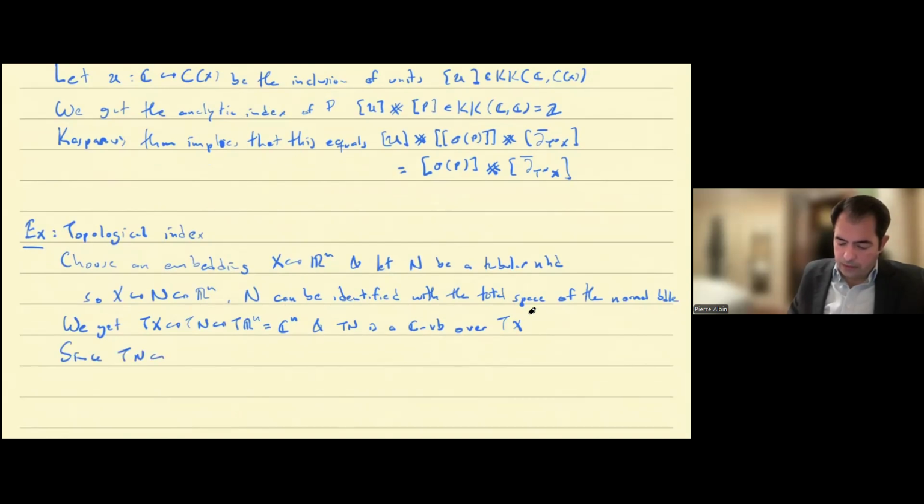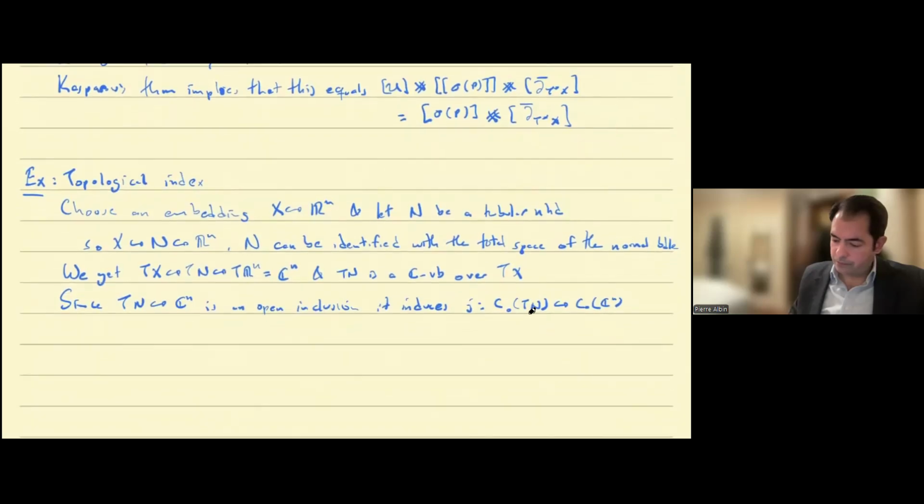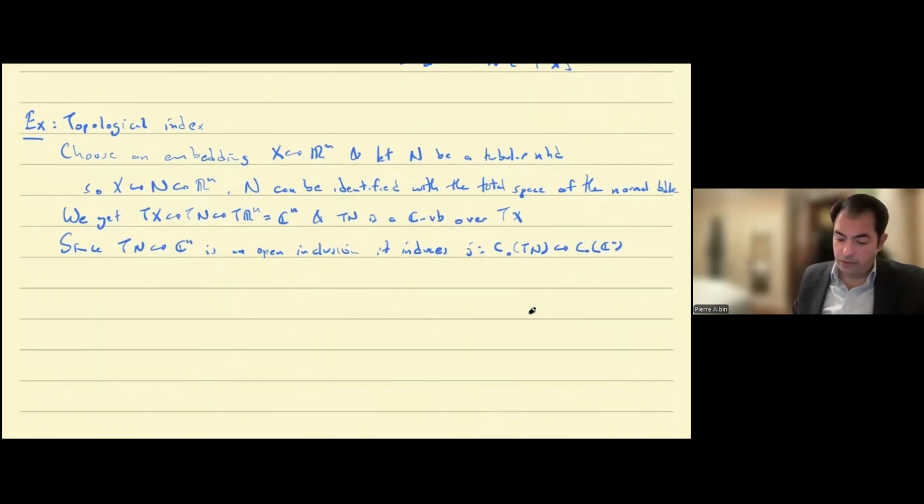Since TN including into Cn is an open inclusion, it induces a star homomorphism between the continuous functions vanishing at infinity of TN and the ones on Cn. Right, so for example, if you have something with compact support in TN, then it also has compact support in Cn, so you can just view it as an element of the other space.